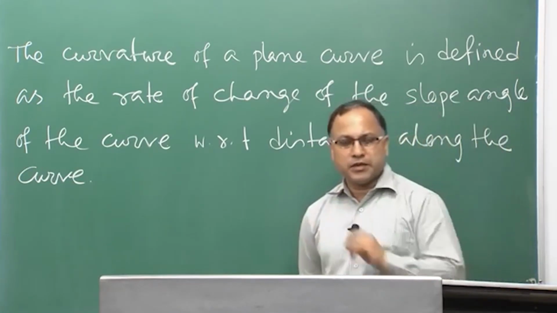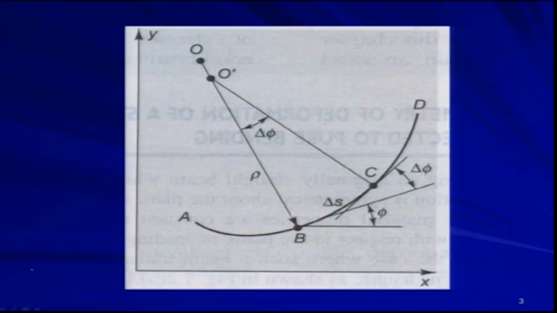Very simple definition. Now, if you look at this plane curve, say A, B, C, D is a plane curve, whose curvature is in the xy plane.